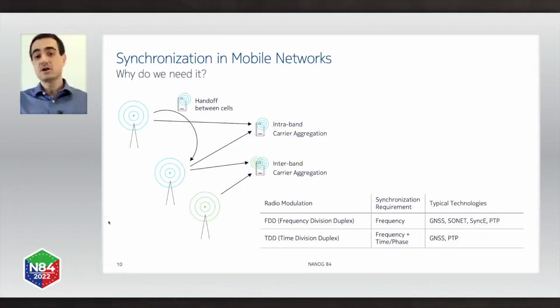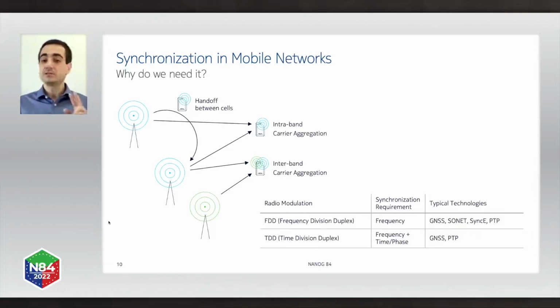There's another technology for modulation, which is time division duplex, which is TDD. In that case, we don't have separate frequency bands for transmitting and receiving anymore. We have a single frequency band that is logically split into reception and transmission. So for that case, we need time and phase synchronization as well as frequency, just because we need to split that same frequency band into transmission and reception.